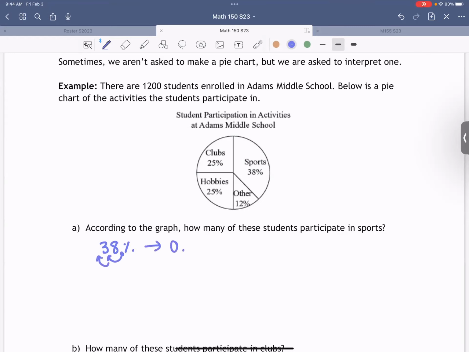So 38% is really 0.38. What Melanie did is, I know the proportion of students that participate in sports. The total is 1,200. So I take 0.38, the proportion, and multiply it by 1,200, the total. If you multiply this out, I got 456. So there are 456 students in total that participate in sports.